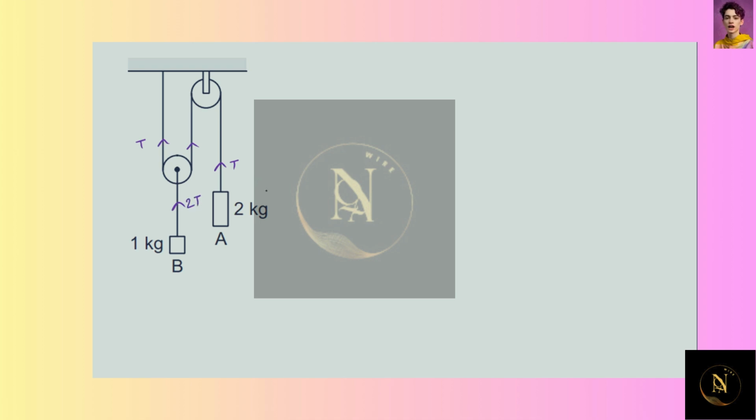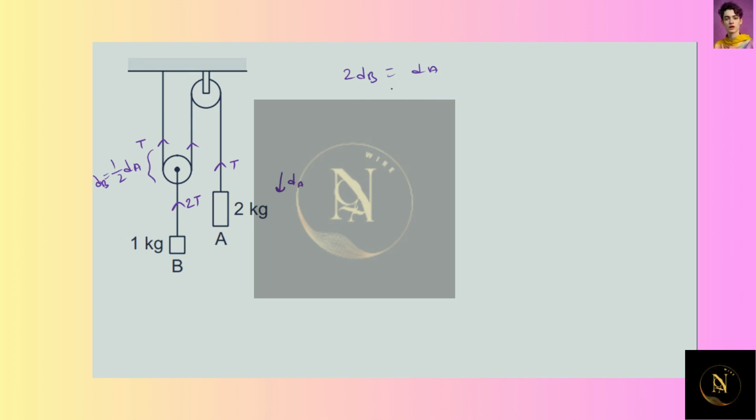And if we move this 2 kilogram block downward by a distance dA, then as we have seen before, this block B will move upward by a distance half of dA, because if we assume this to be dB, then 2 times dB will be equal to dA, and this is how dB will be equal to half of dA.